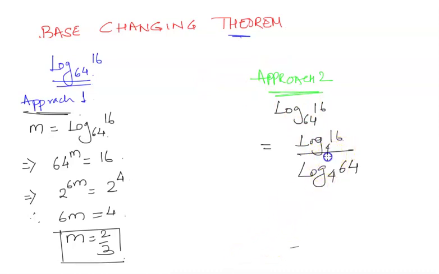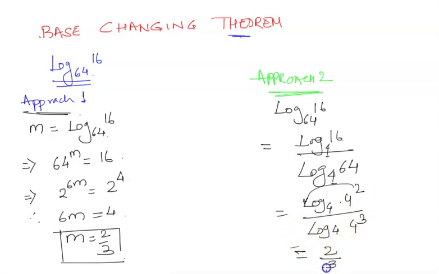In this case I choose the base as 4. So I can write this as log 4 square upon log 4 cube, and when you solve this, take 2 out here, take 3 out here, it becomes 2 by 3, right? So this is equivalent.